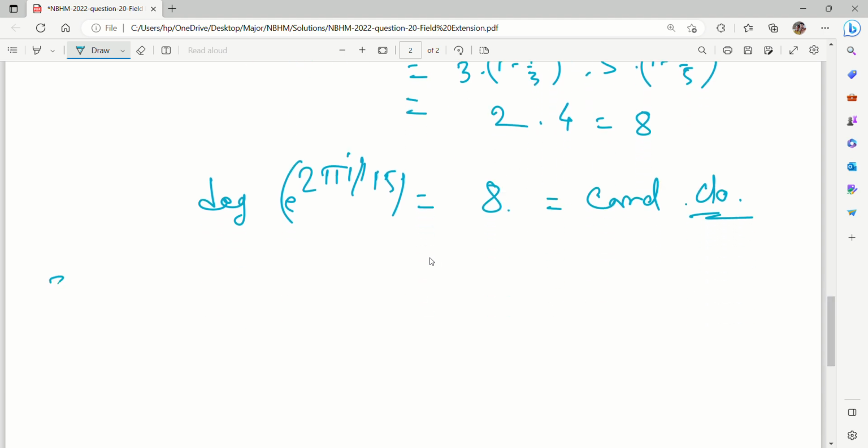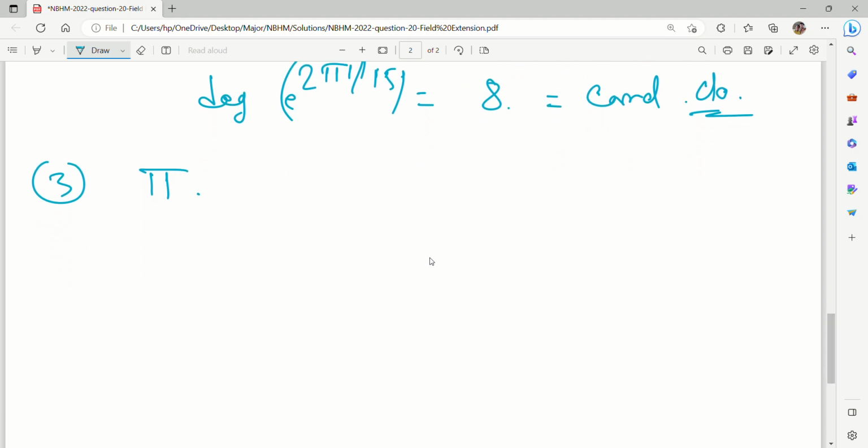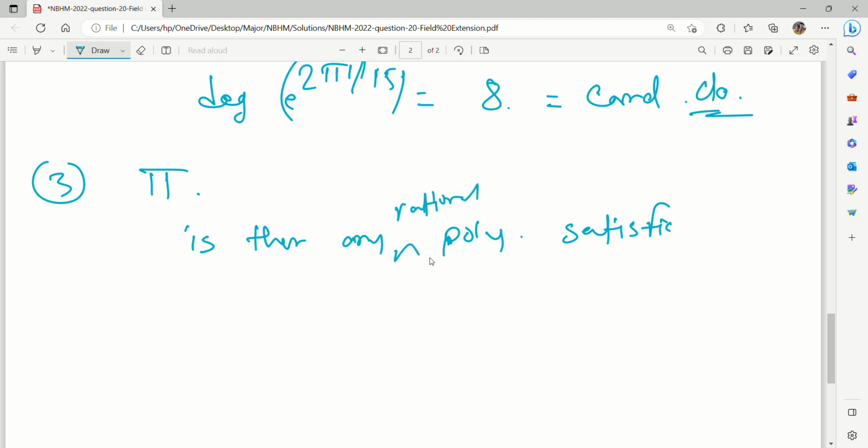So for the third one, you have to find the degree of field extension for pi, right? Is there any rational polynomial satisfied by pi?